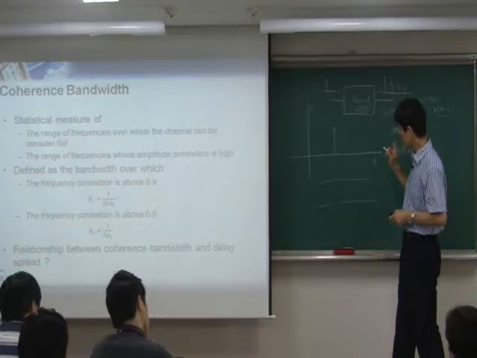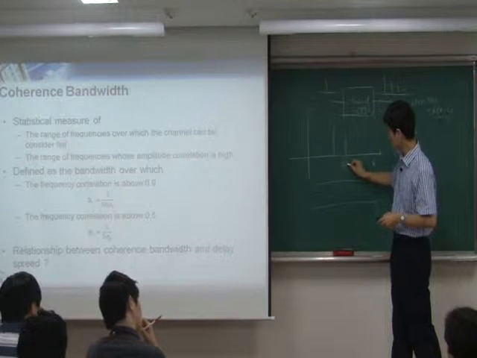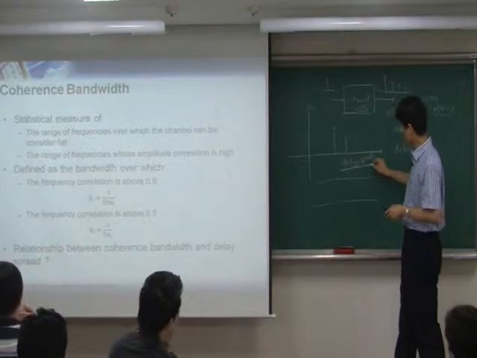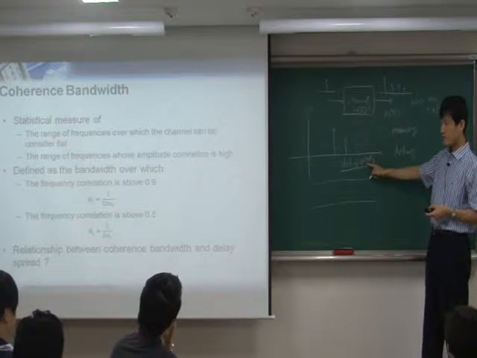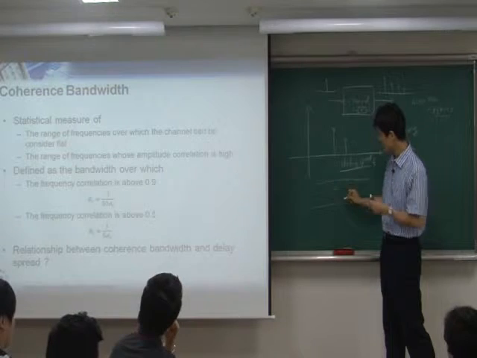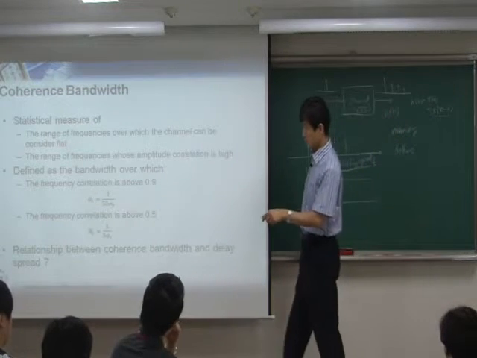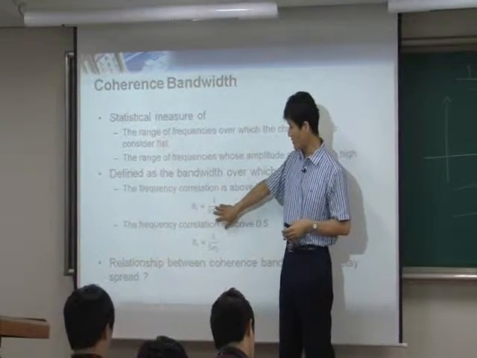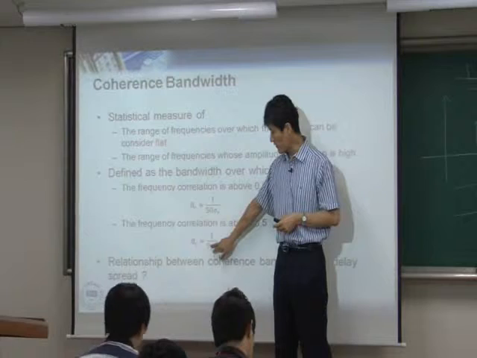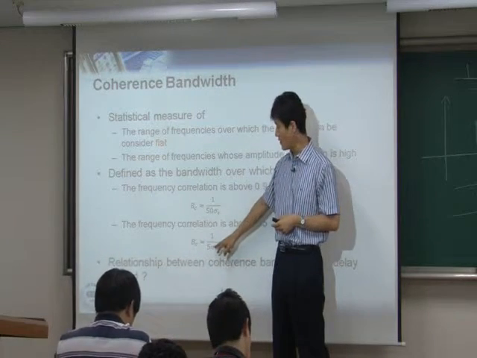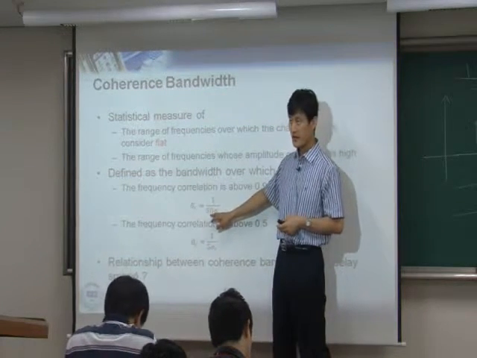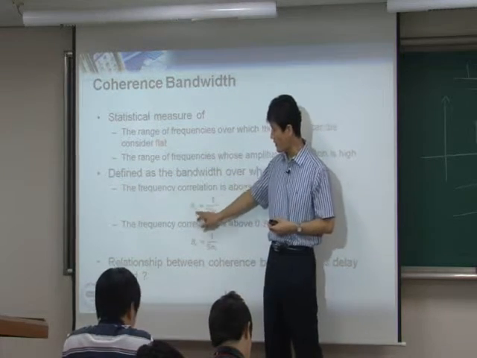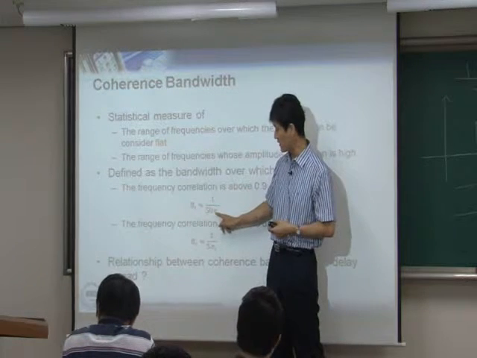So now, what you want to remember is we talked about delay spread, right? RMS delay spread. If you have a high or large delay spread, that means you have a short coherence bandwidth. So it's inversely proportional, like this. Whether you use 1 over 5 as a coefficient or 1 over 50 as a coefficient, that depends on the people. Some people say your coherence bandwidth is proportional to 1 over 50.